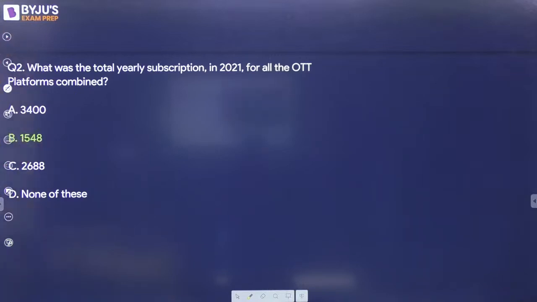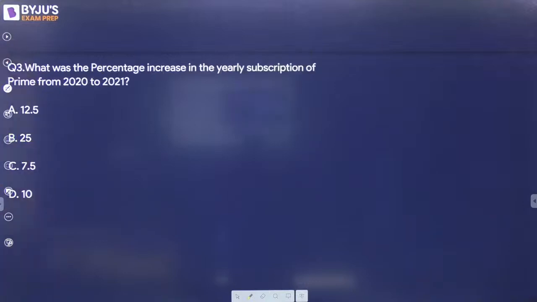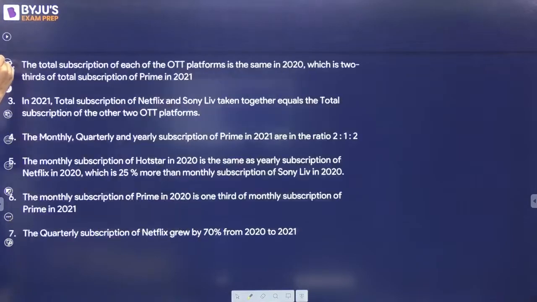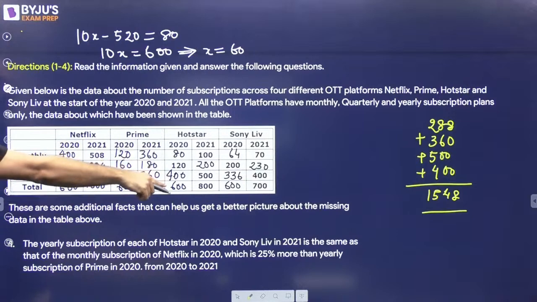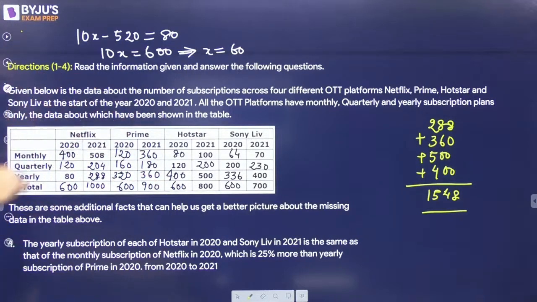Next question. What was the percentage increase in the yearly subscription of Prime from 2020 to 2021? Okay. Percentage increase in the yearly subscription of Prime. 320 से 360 हो गया ये. Right? So we need to find out the percentage increase over there.